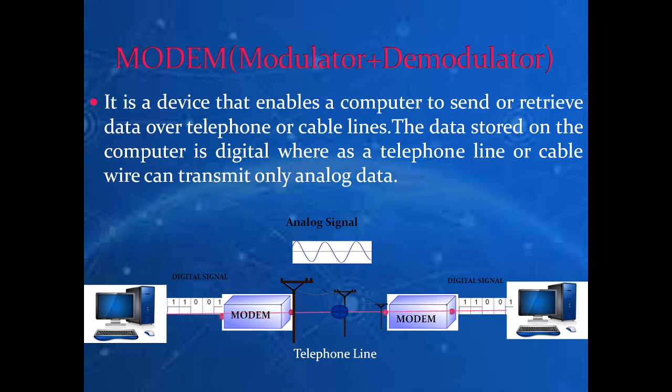As we all know, a computer system recognizes binary signals. But our voice is not a binary signal, it is an analog signal. So whenever we connect telephone lines with our computer system, our voice must be converted to a binary signal so that the system can understand it.